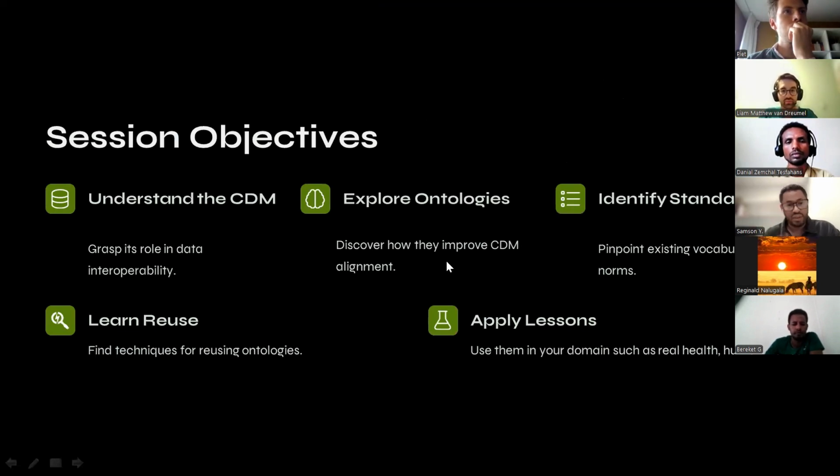So we'll try to recap our understanding of common data models and try to grasp their role in data interoperability.